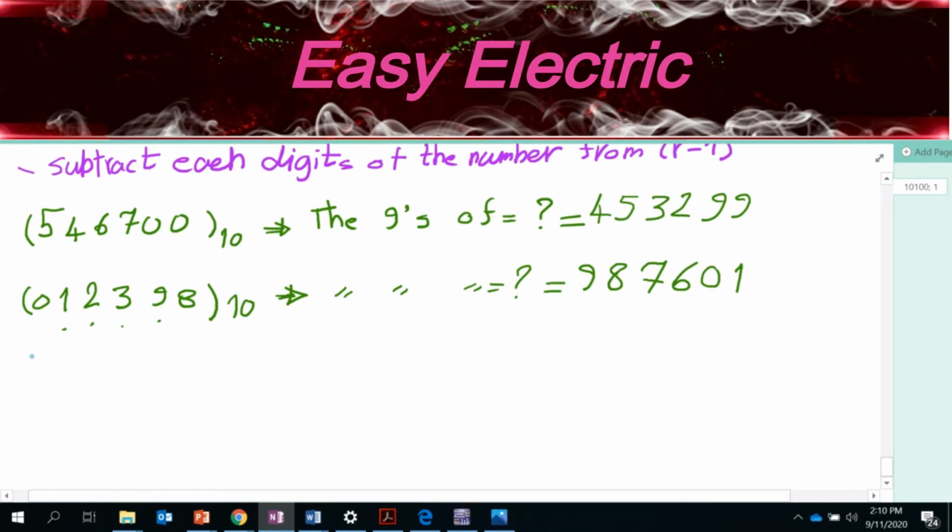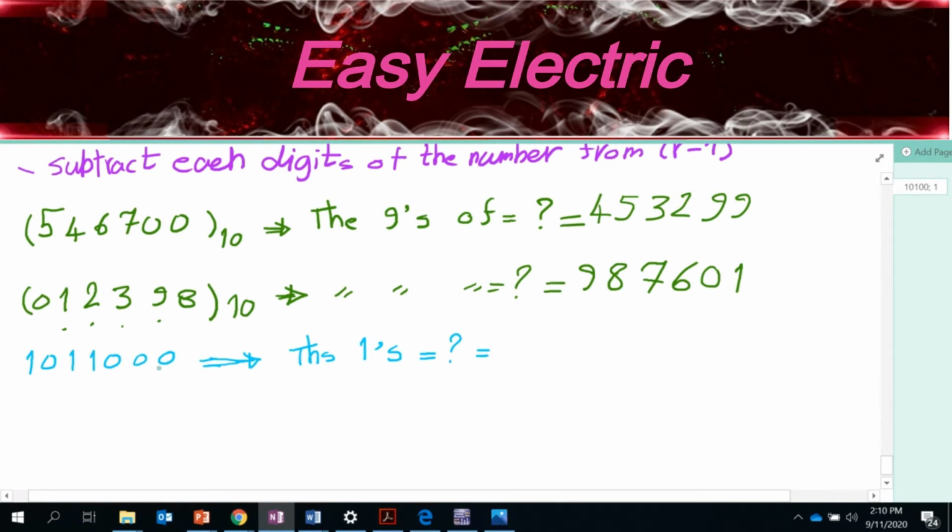This is the number 1 0 1 1 0 0 1, in base 2. The question is, what is the first complement of this number?